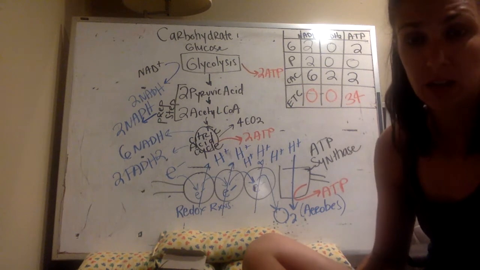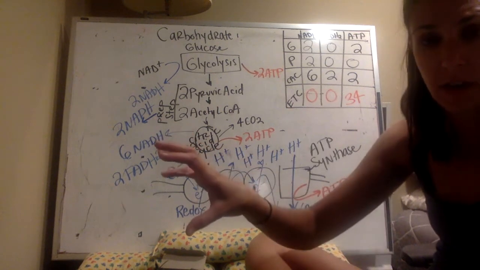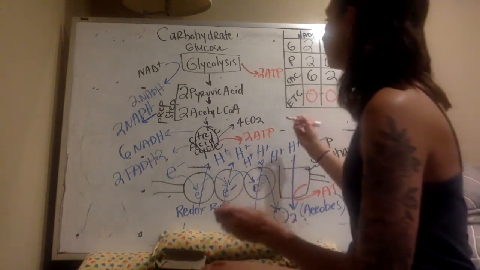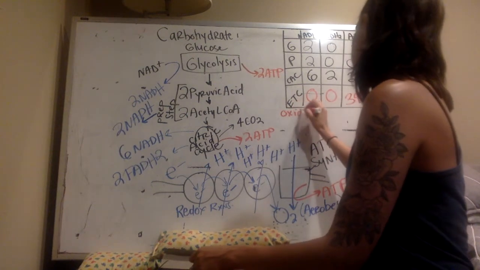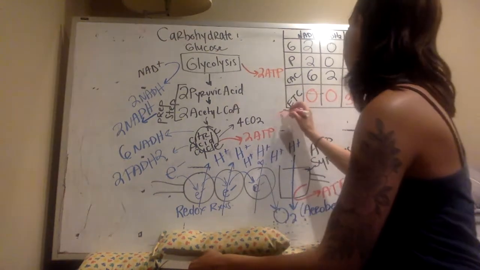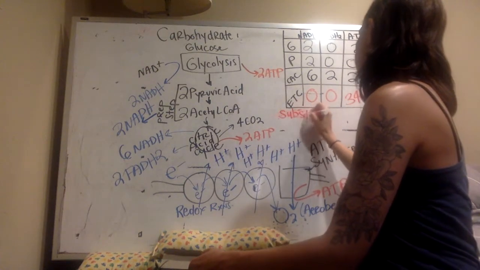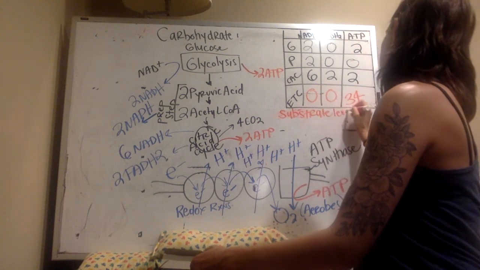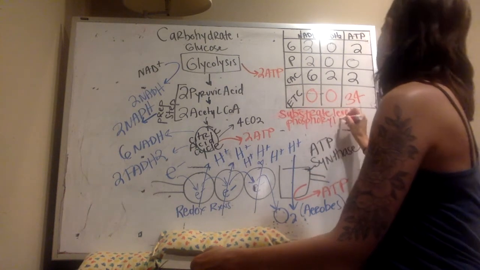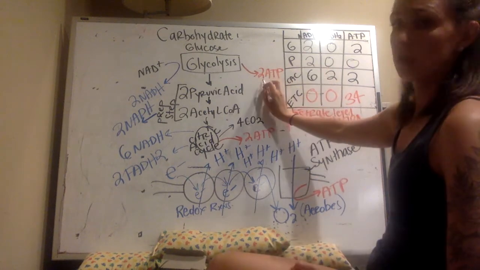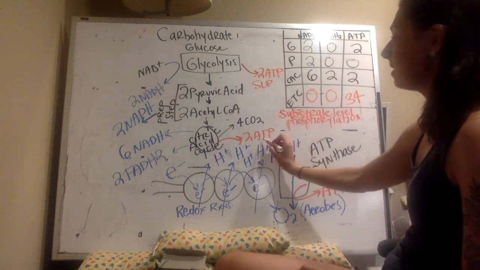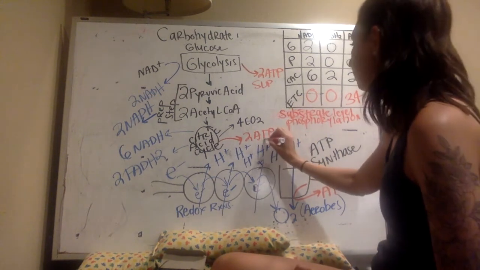So that's called substrate level phosphorylation, where it just takes the phosphorus from a different molecule and sticks it onto ADP. So this ATP is generated by substrate level phosphorylation, and this ATP is substrate level phosphorylation.